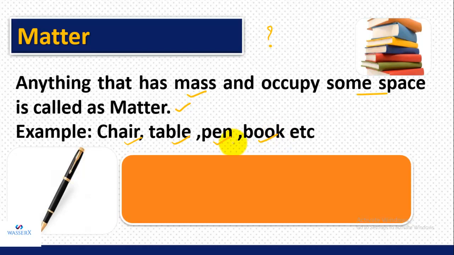So now the question is, what are the constituents of matter? How is matter formed? Matter is formed by a small substance, that is atoms. Or we can say in simple language, atoms are the building blocks of matter. So let's learn more about an atom.